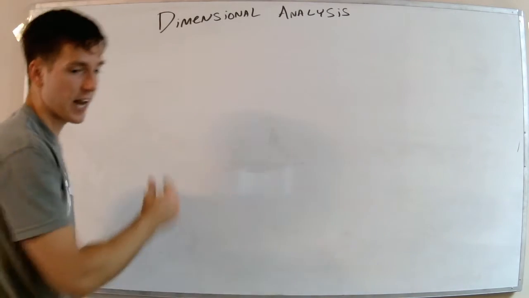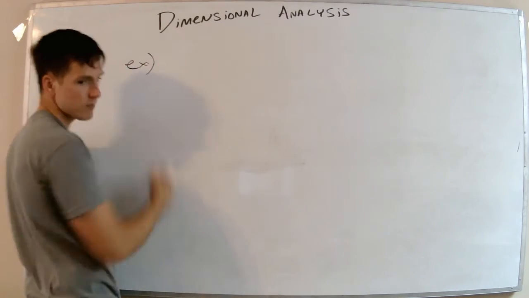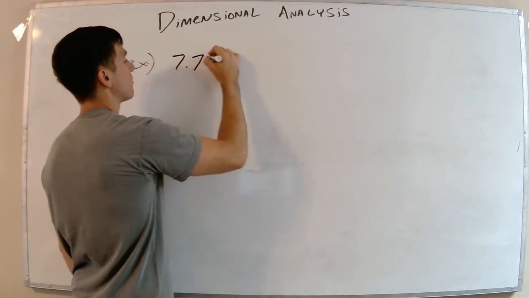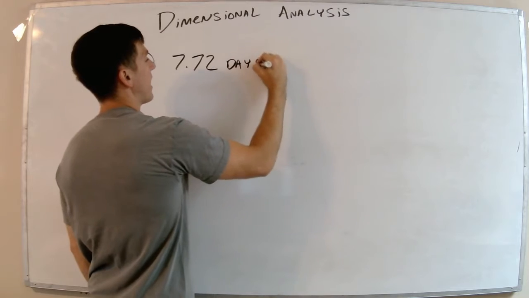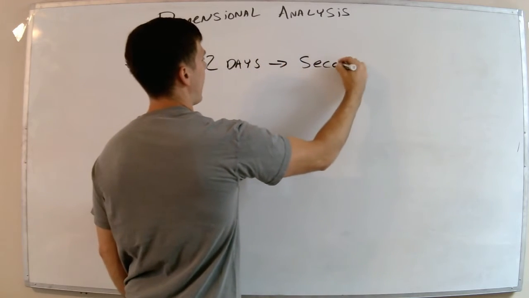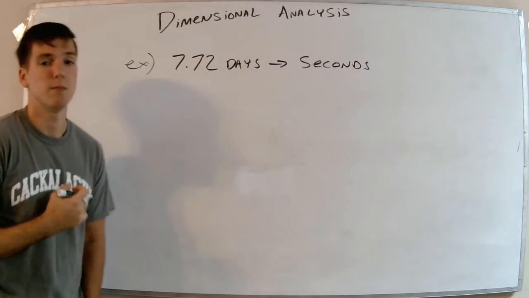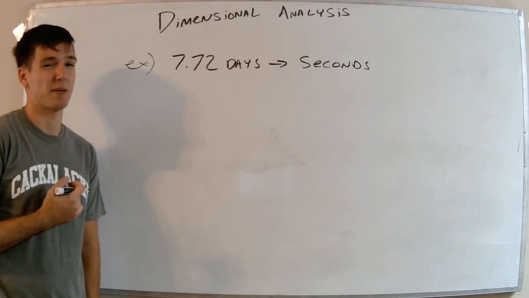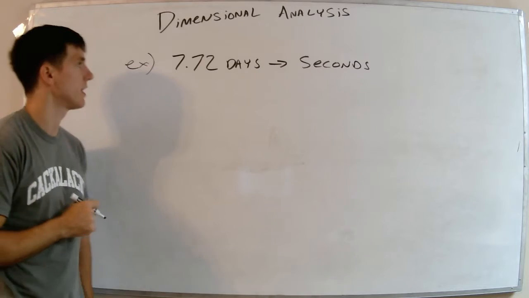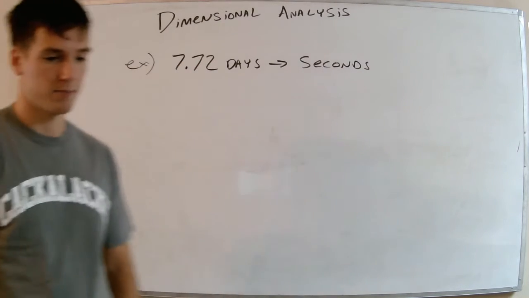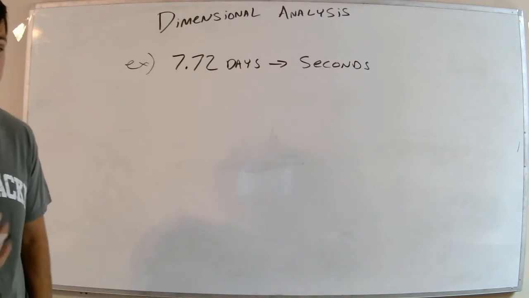So let's say that I have 7.72 days, and I'm trying to go to seconds. Okay, this might be a little bit more difficult. I might not know how many seconds there are in a day. Okay, I do because I do this all the time. But let's try to figure this out with our dimensional analysis process.